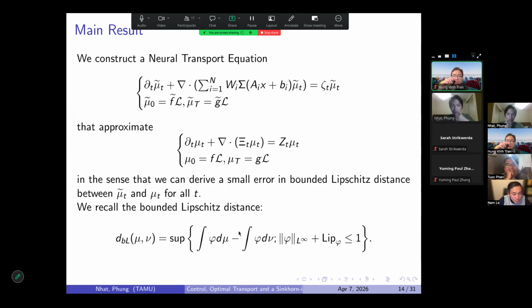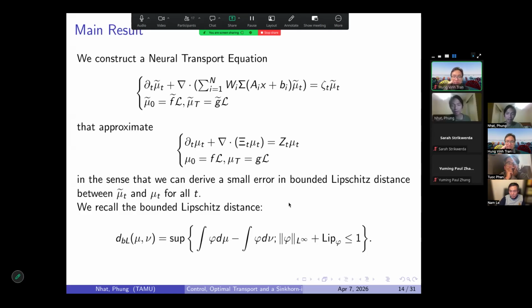Usually this also appears when you study optimal transport with the Wasserstein distance. People already studied it before the Wasserstein distance; it's just that nowadays the Wasserstein distance is more popular, but we will use this distance for now because the condition here works for us.